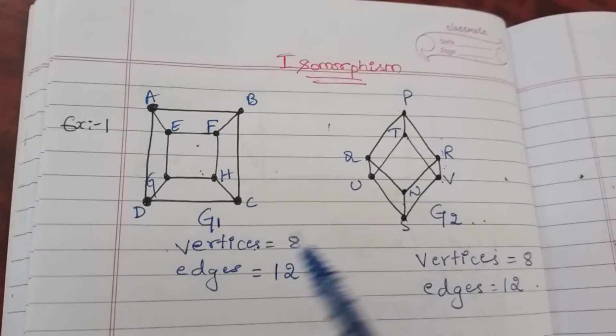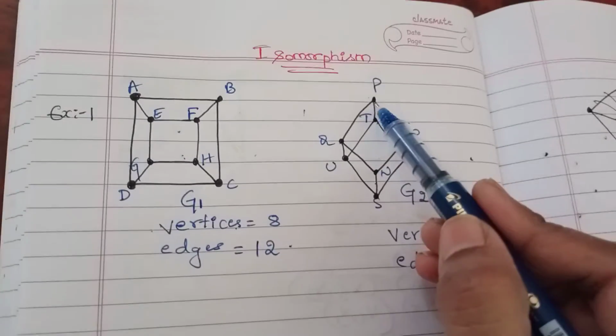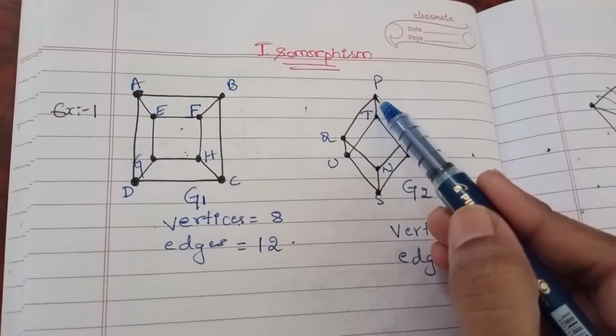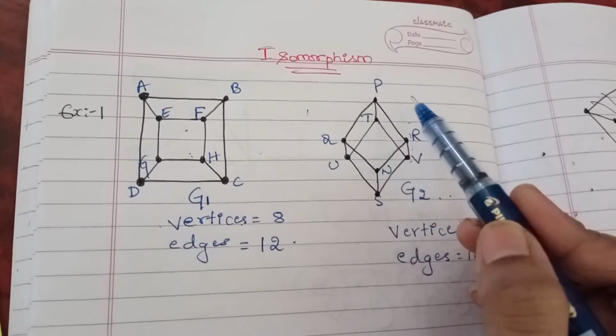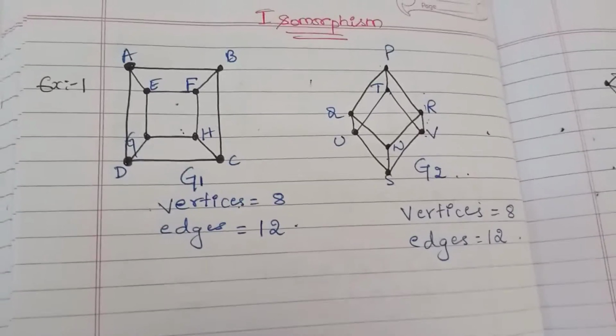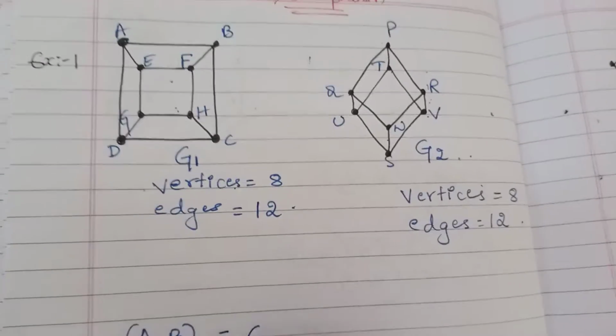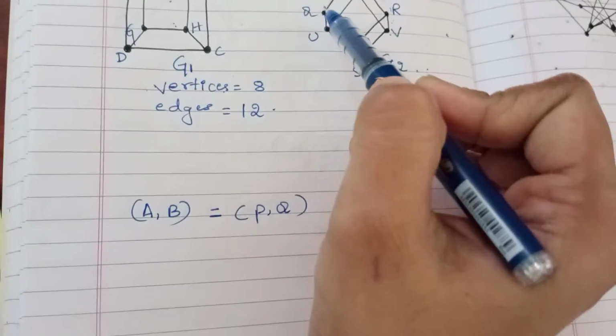So you should choose one such vertex in the graph 2 which has degree 3. See here, if I take up P and Q, P has degree 3 and Q has degree 3. So we can say that A comma B is equivalent to P comma Q. Okay, next A comma B and P comma Q are equivalent.